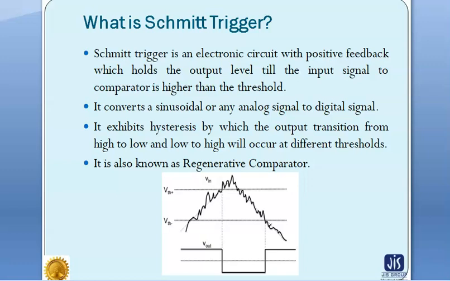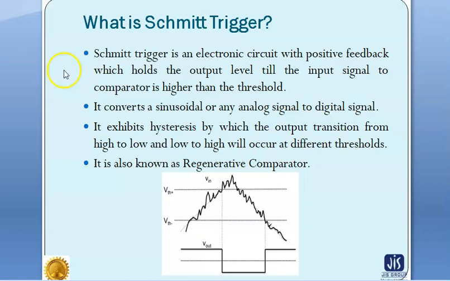Now, why the name Schmitt Trigger? Because this circuit was invented by the scientist Otto Schmitt in the year 1930. And the name trigger is because the output retains its value until the input changes sufficiently to trigger a change.